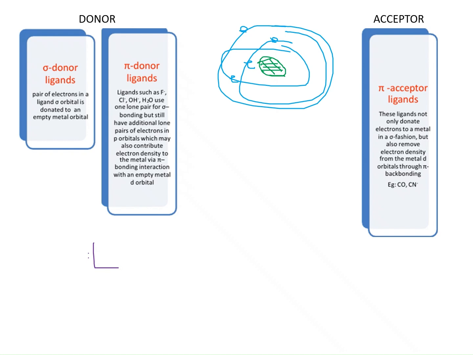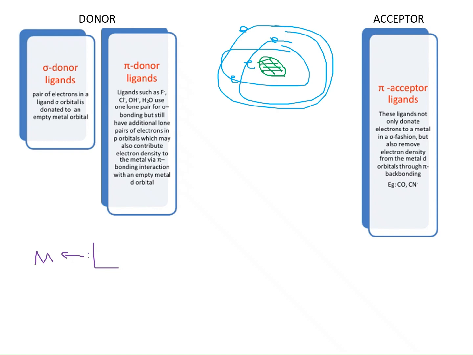So when the ligand contributes its electrons to the metal, it is placing them in the d orbital of the metal. So the metal is actually receiving electrons from the ligand. The metal is accepting electrons from the ligand. So that electron will be placed in the orbital.